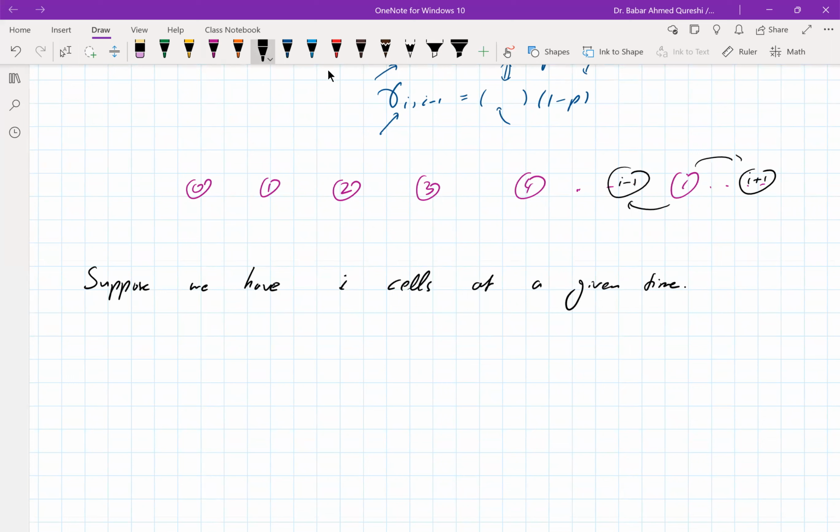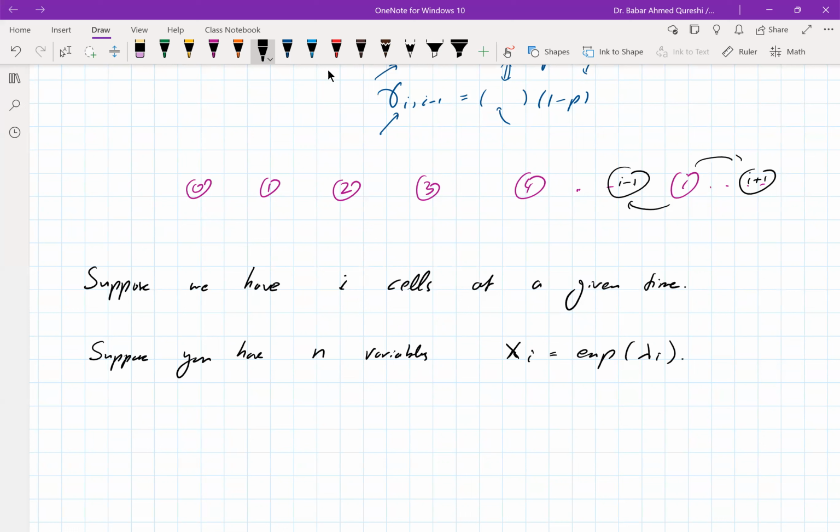What is the parameter for the jump? Suppose you have n variables, each of them given by some exponential distribution.